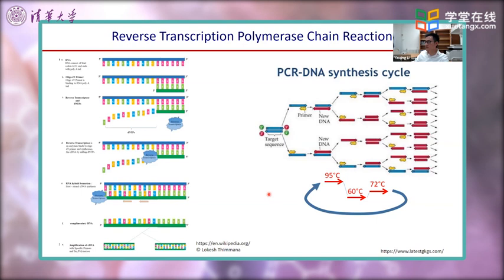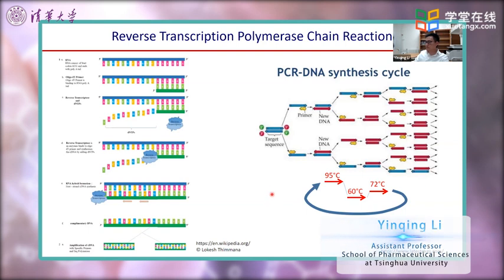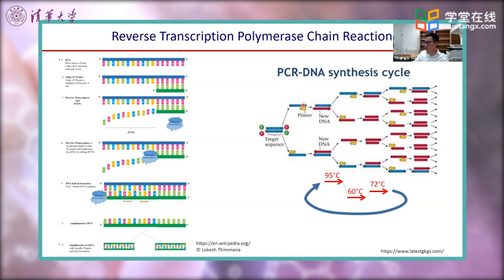So we have to amplify the DNA to an amount that's sufficiently large to visualize. And to amplify the DNA, we use a primer again, which binds to the region that we want to amplify. And once it binds there, we use a DNA-dependent DNA polymerase, or just polymerase in short, to carry out the strand extension to form the new DNA.